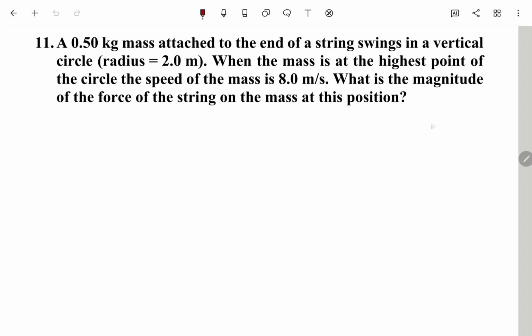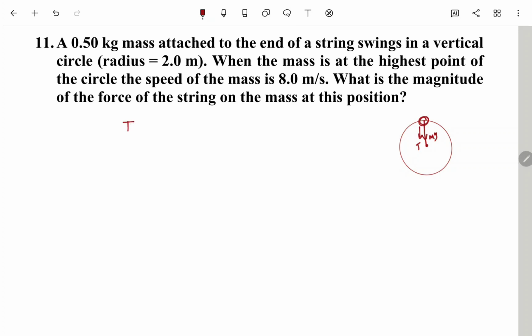Now we have here an object or mass connected by a string like this one here. Now in this case here, when we draw the free body diagram, we have the weight mg, and we also have the tension in this one here.